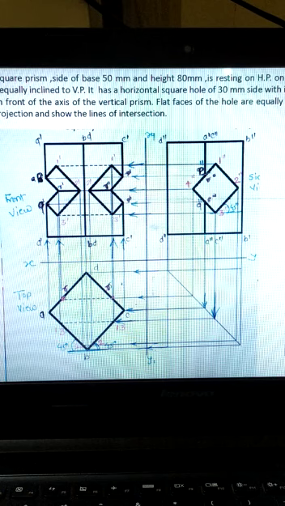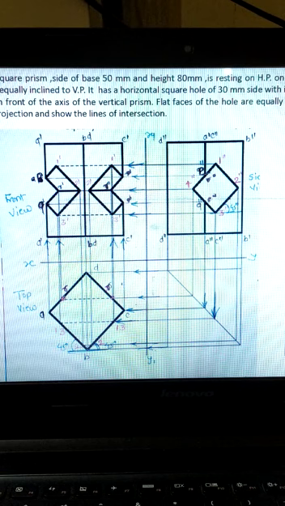It has a horizontal square hole of 30 mm side with its axis parallel to VP and 10 mm in front of the axis of the vertical prism. The flat faces of the hole are equally inclined to HP and VP. Draw the projection and show the line of intersection.